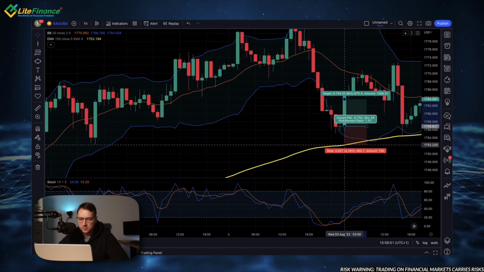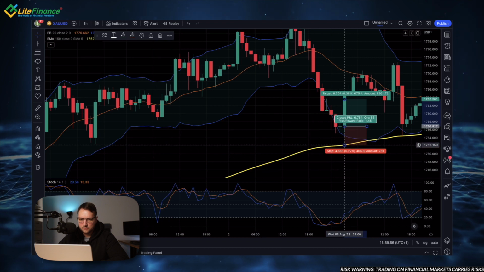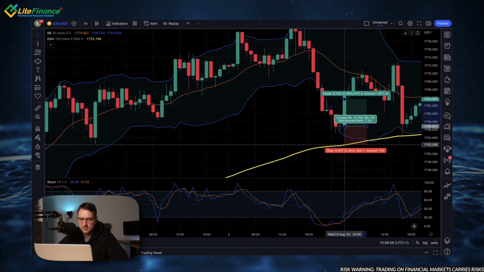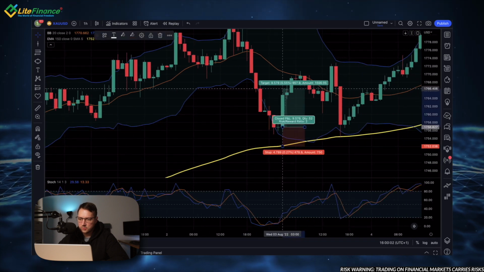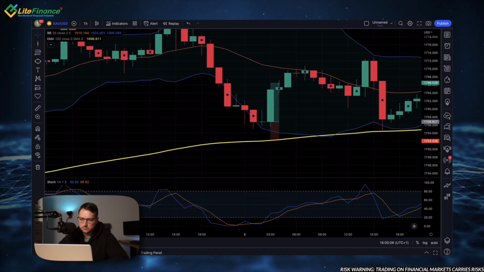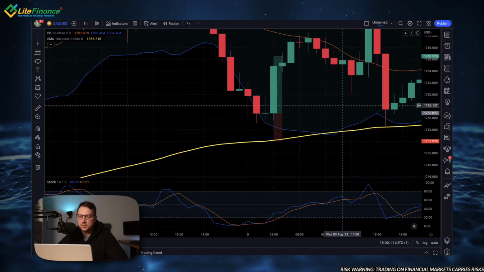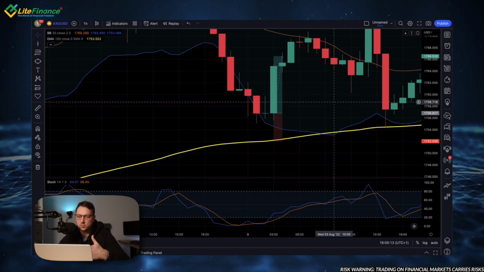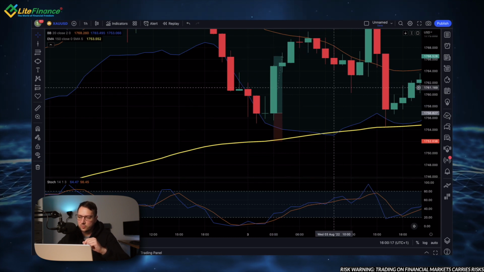Maybe we could use this one over here. So again, this is the level. Let's add a couple pips. And again, 2:1 risk reward ratio. So over here. And we can see clearly that the trade was analyzed correctly, and therefore it would close with a profit.